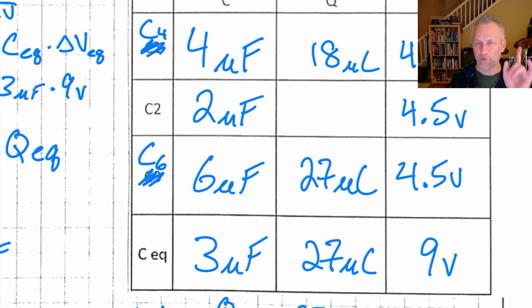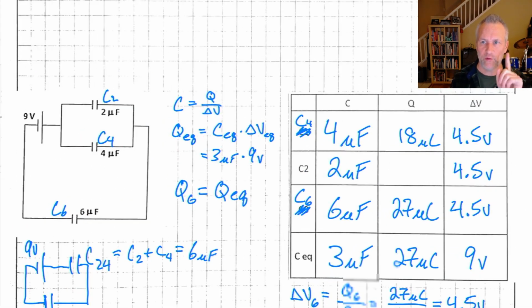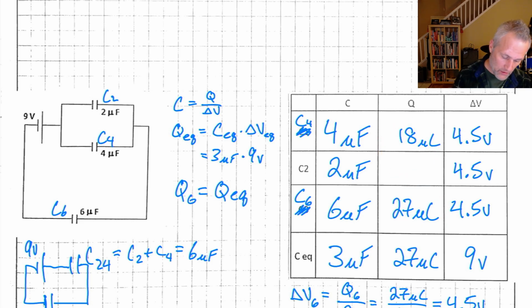And now there's two different ways that I could find Q2. One, I know that these two together have to equal 27, right? This and this together are connected straight to the plate.